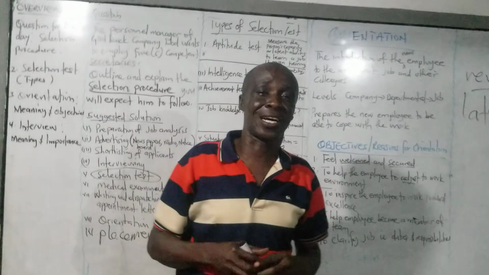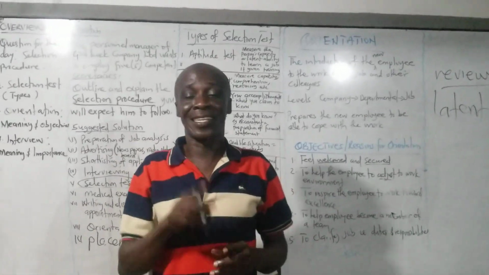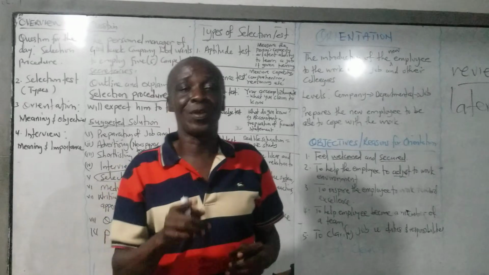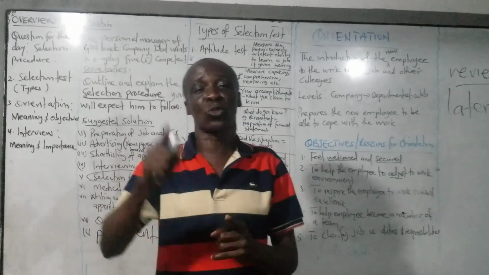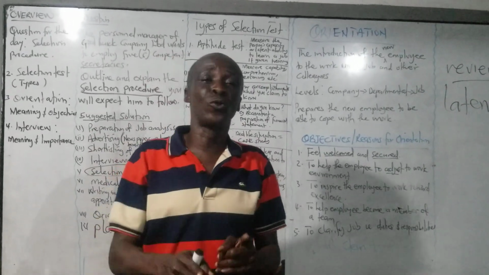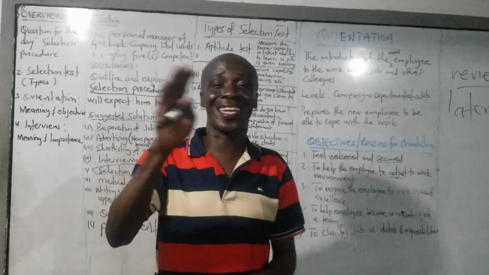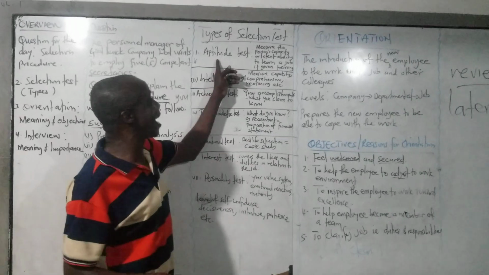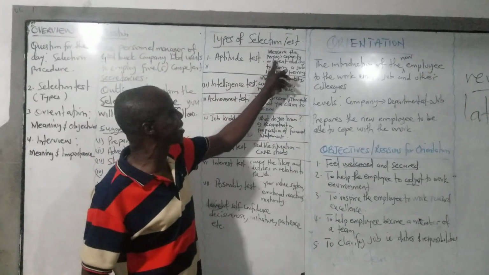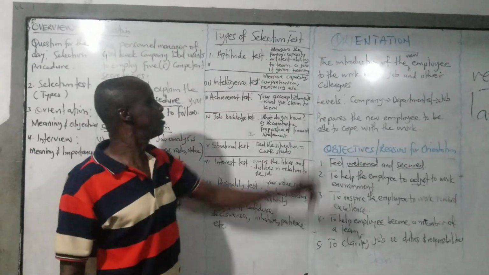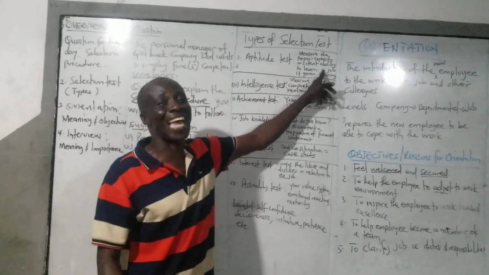And then they will know that this person, if you train the person, will be able to do this and that. So that is why I said aptitude test measures the person's capacity or latent ability.